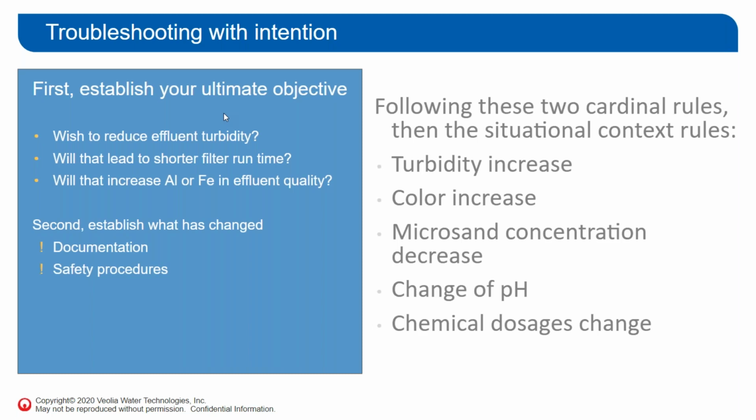Or if you're increasing your coagulant to try and destabilize some particles, it may work, but what is your pH, and are you going to end up with aluminum or ferric iron in your clarified effluent? So keep those things in mind, why you're troubleshooting to begin with.